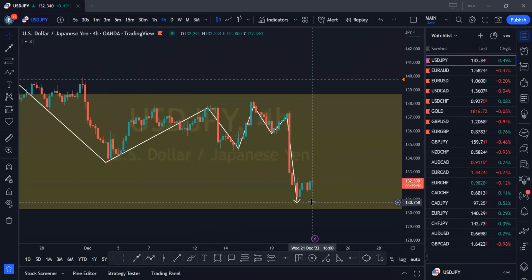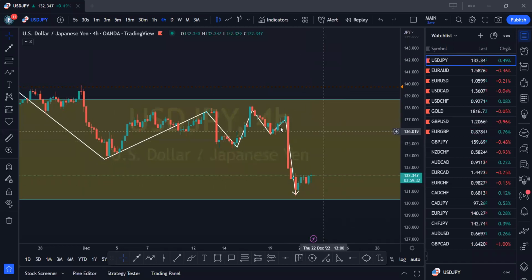Why do you want to buy in a downtrend? Buying in a downtrend is a counter trend move, and counter trend moves are very, very risky. You might be stopped out a lot before entering the real move. So 4 hours, price is still very much bearish. If we're going to buy based on market structure on 4 hours, you want to wait for price to at least break this lower high here.